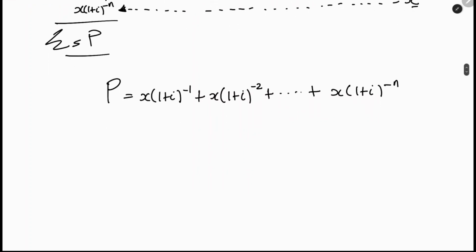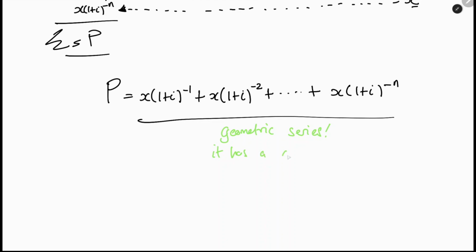Okay, so what do we notice about this series? It's a series because it's a sum of a certain number of terms, but it's not just any series, it is a geometric series. Why? Because it has a common ratio. Okay, so what is that common ratio? To find the common ratio, all we need to do is take any two consecutive terms. I'll take the first two, and we divide the second one by the first one.